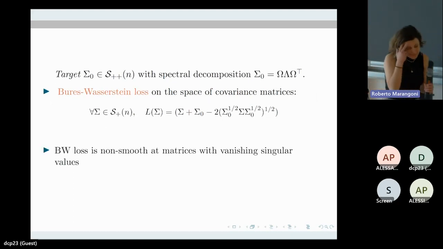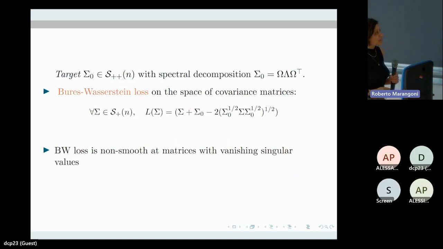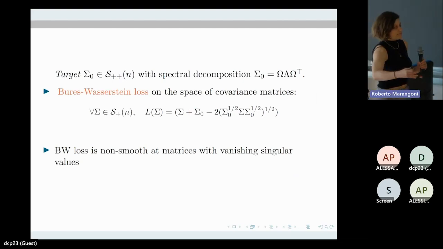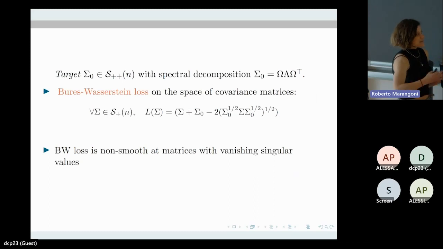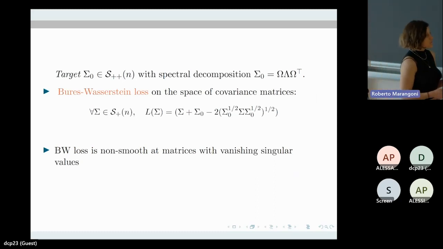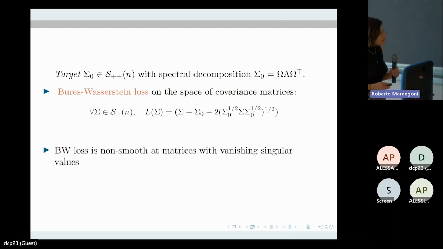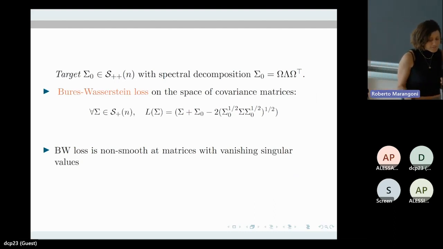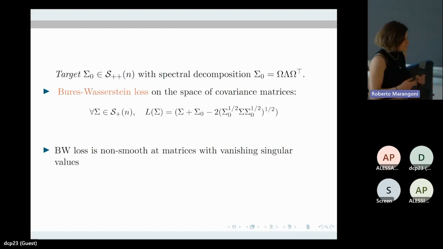But when we try to optimize, we have this square root here, and sigma usually drops rank during training, with vanishing singular values. So the Bures-Wasserstein loss is not smooth at matrices with a zero singular value, and in order to prove convergence, we need to find a remedy for this behavior.